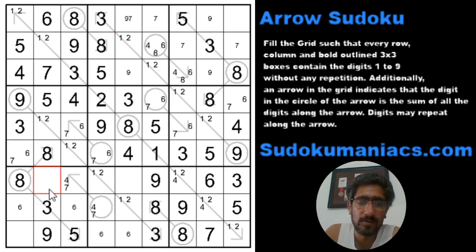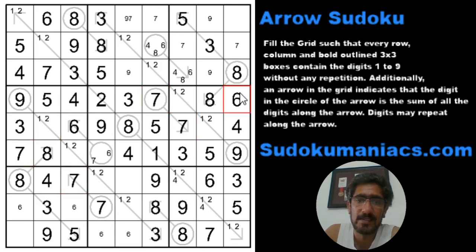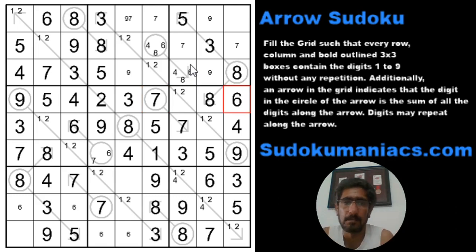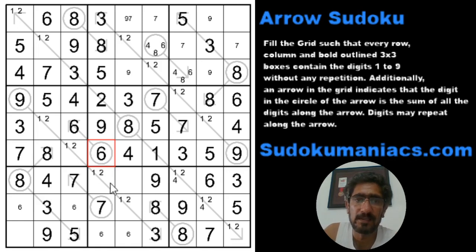4, 4. This becomes a 4. So that's a 7 with a 7. 7, 6, 7. I guess you guys are following this, right?